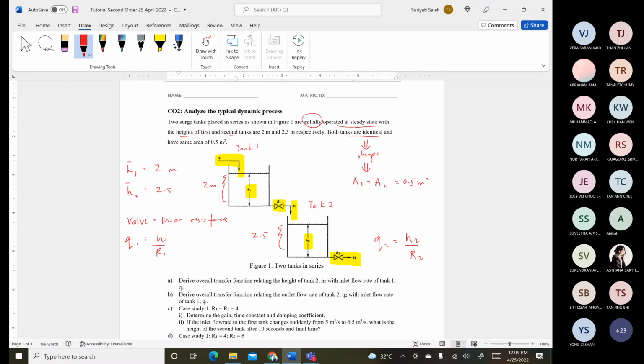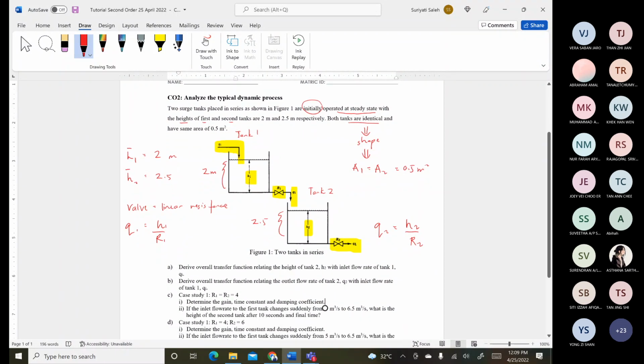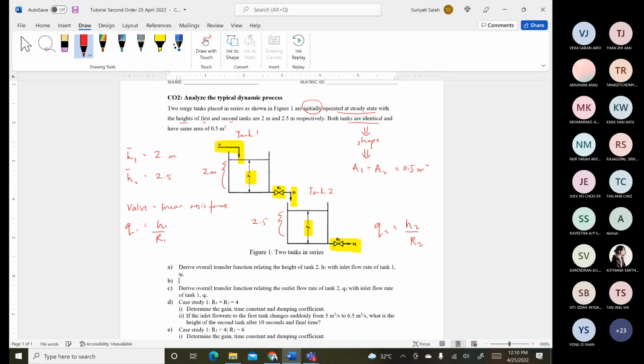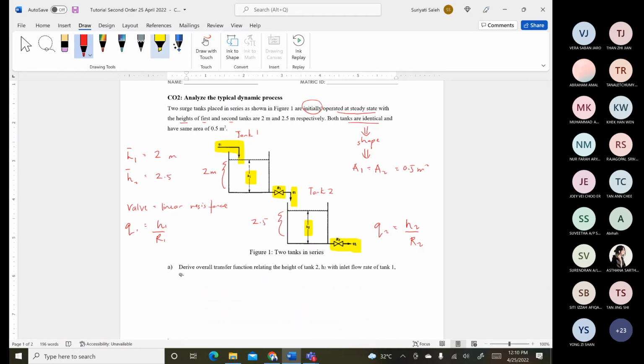Now, the question asks you to derive the overall transfer function relating the height of tank 2 with the inlet flow rate of tank 1. So this is the first question. We take a look at the first question first. The question asks you to develop the overall transfer function.